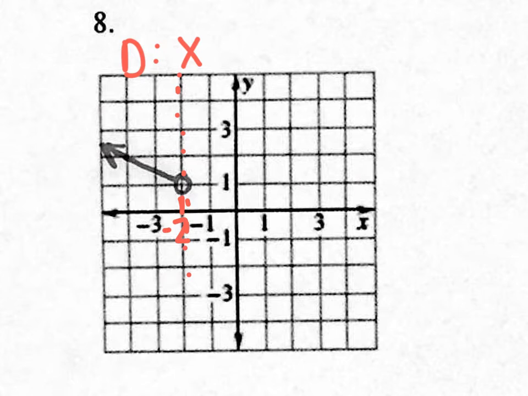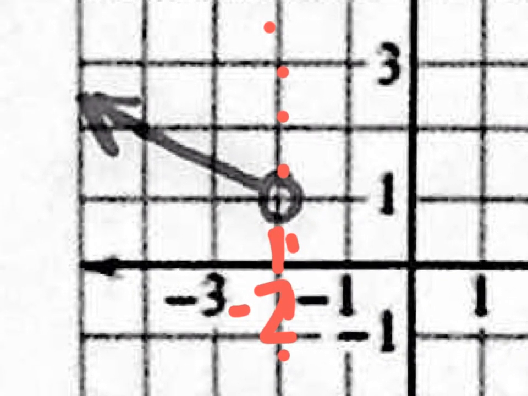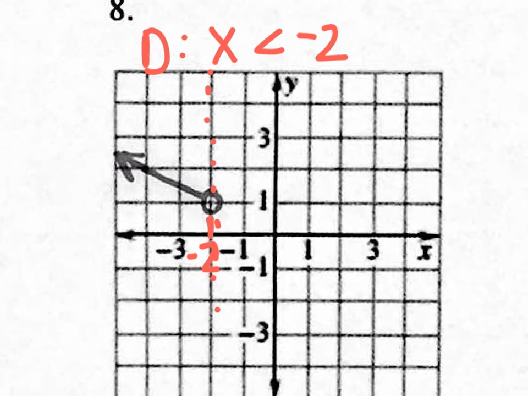So x is less than negative 2. When you're thinking about the x values at negative 2, it's to the left. It's less. If it were to the right, it would be greater. Not only that, another important thing to recognize is that this is an open circle. So you're not going to put a solid line underneath your inequality. You're just going to leave it as less than.